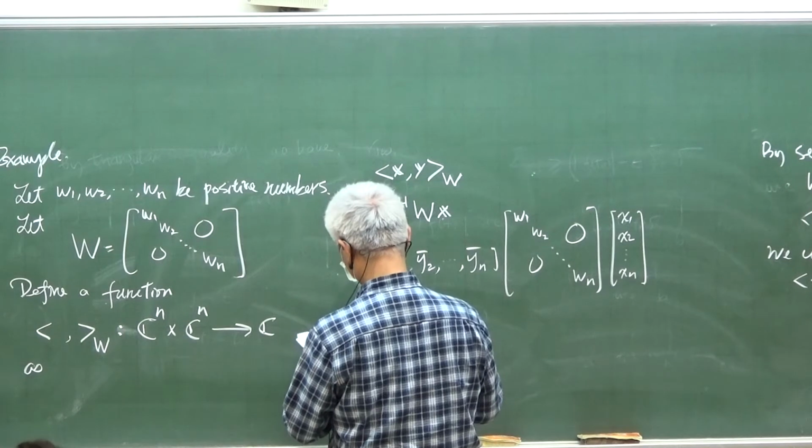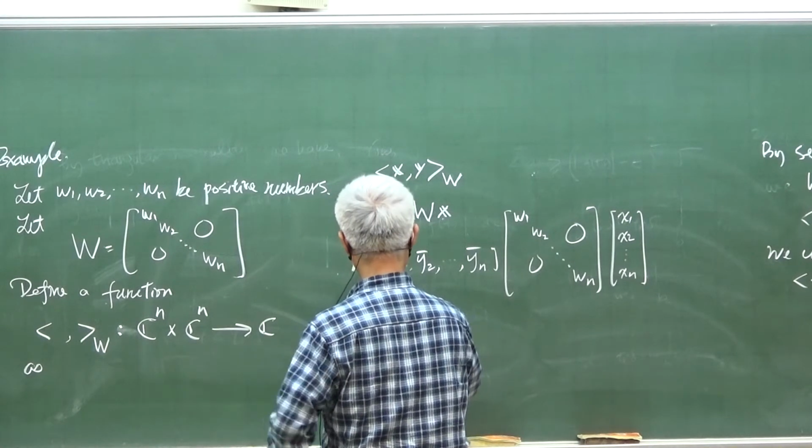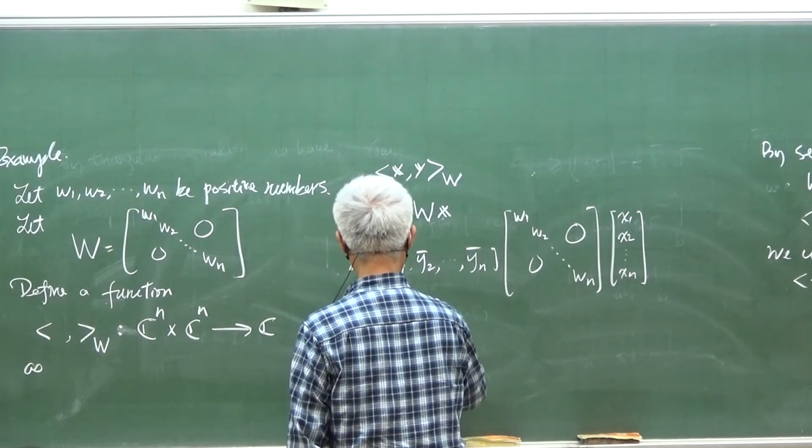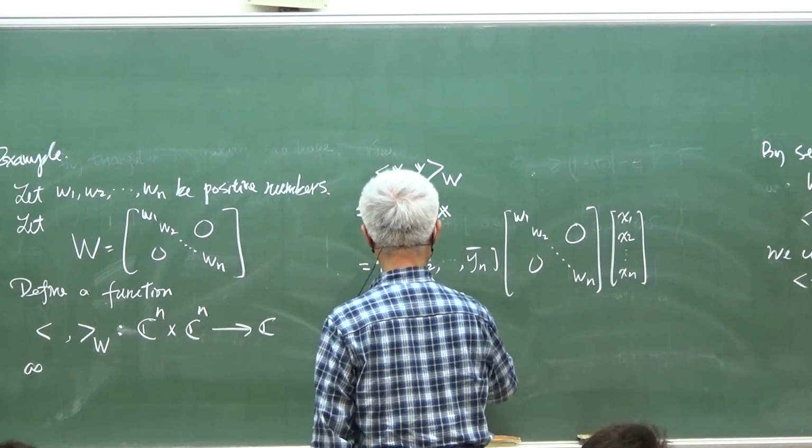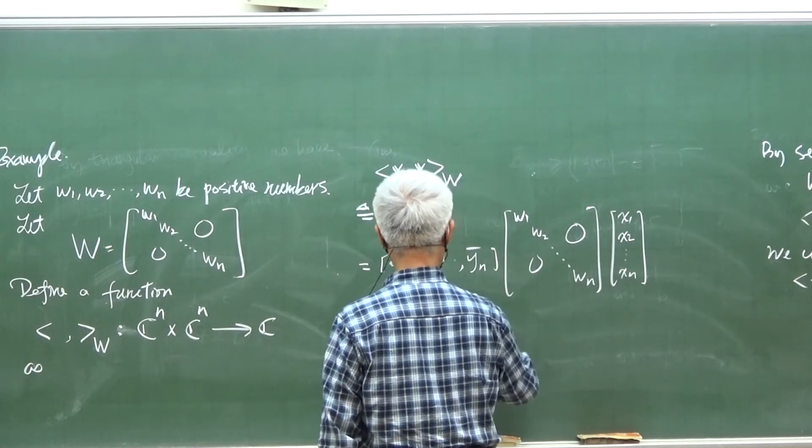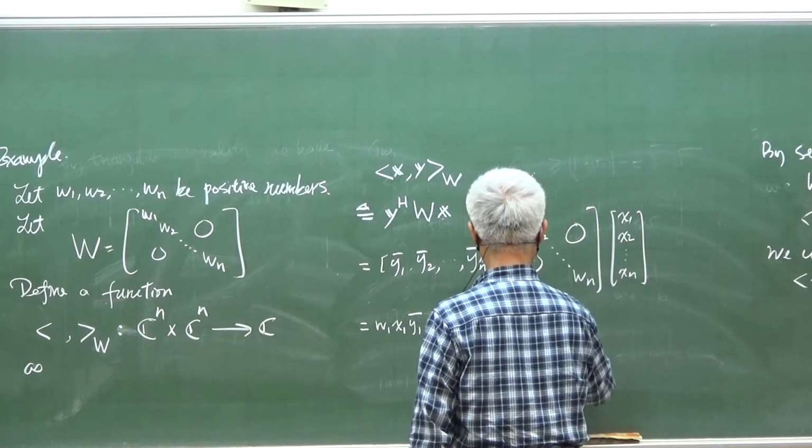And this is equal to s1 x1 y1 bar plus s2 x2 y2 bar plus up to sn xn yn bar.